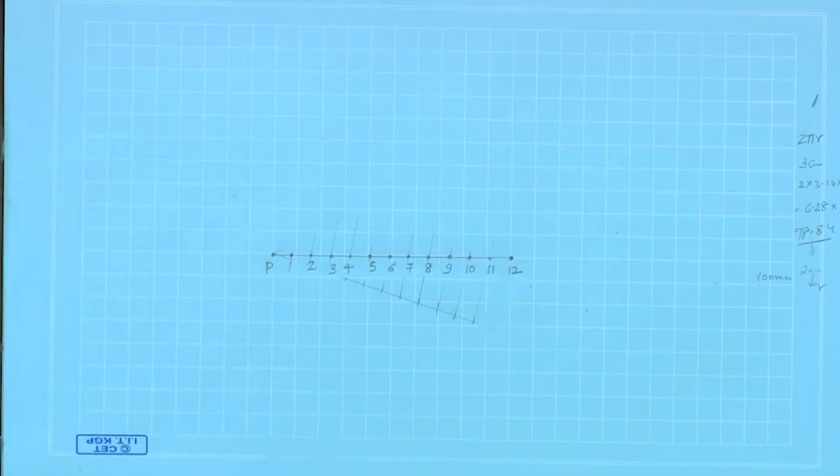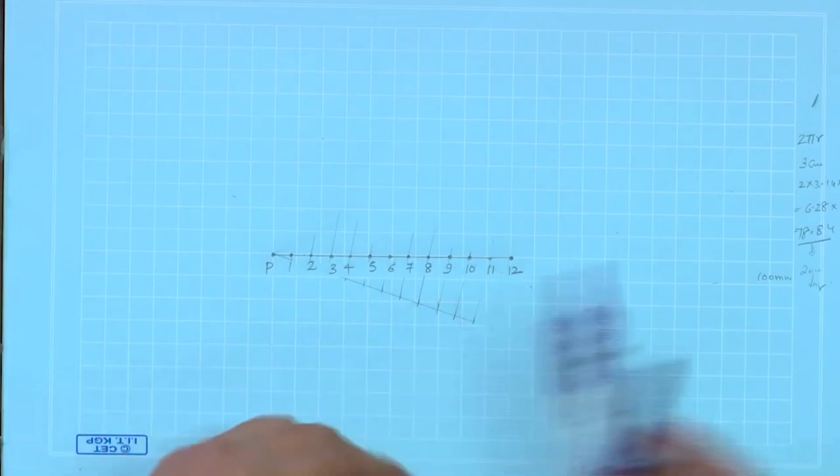So, use your calculator to calculate what is the equivalent radius. 2 pi r is equal to 100 mm. So, 100 by 2 by 3.1416 gives you 15.9 mm. This is the approximate circle we can use.